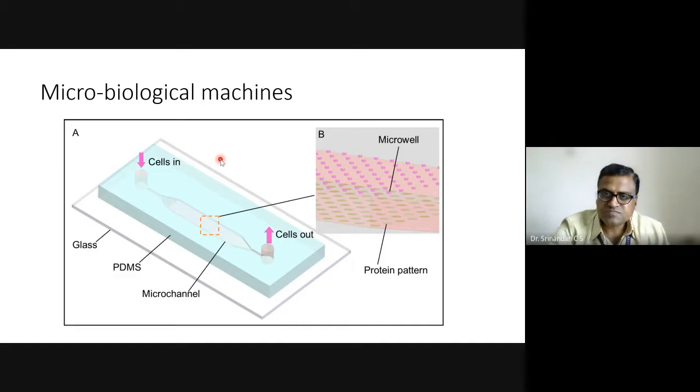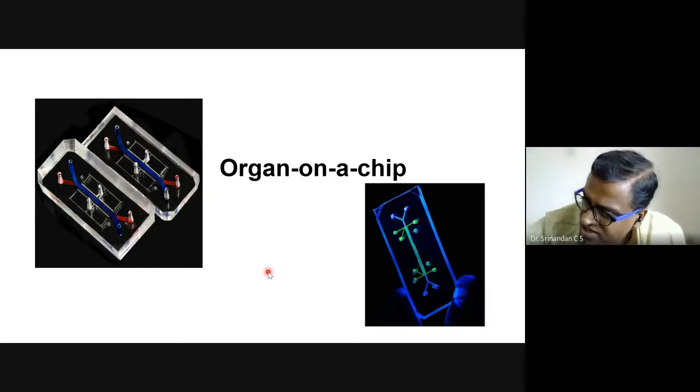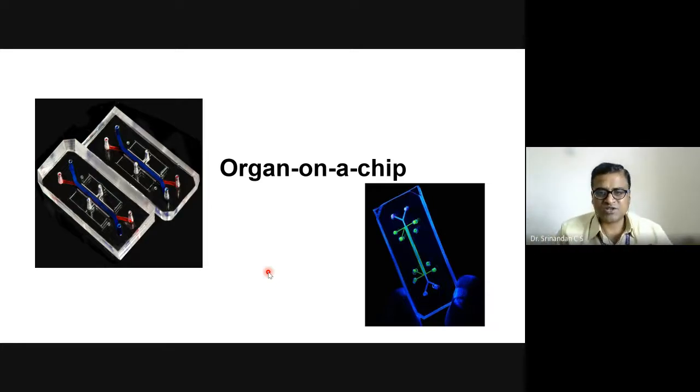It looks somewhat like this, and it's a small slide. In your school, you looked at different slides, isn't it? Microscope slides or anything. Something similar kind of slides will be there, and in the slide itself, you can grow the organs. That is called organ on a chip.